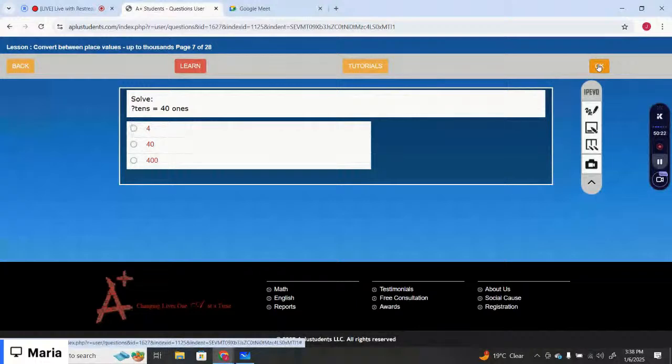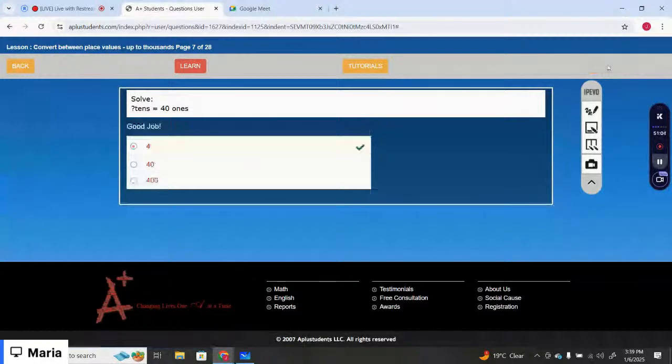Forty ones equal how many tens? 40 ones equal 4 tens. Option number one is the correct option.